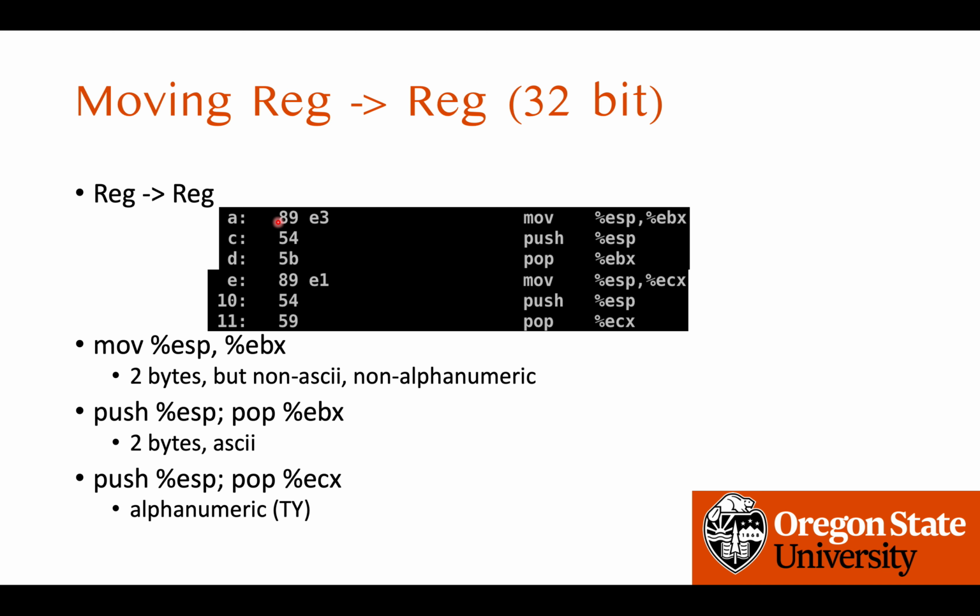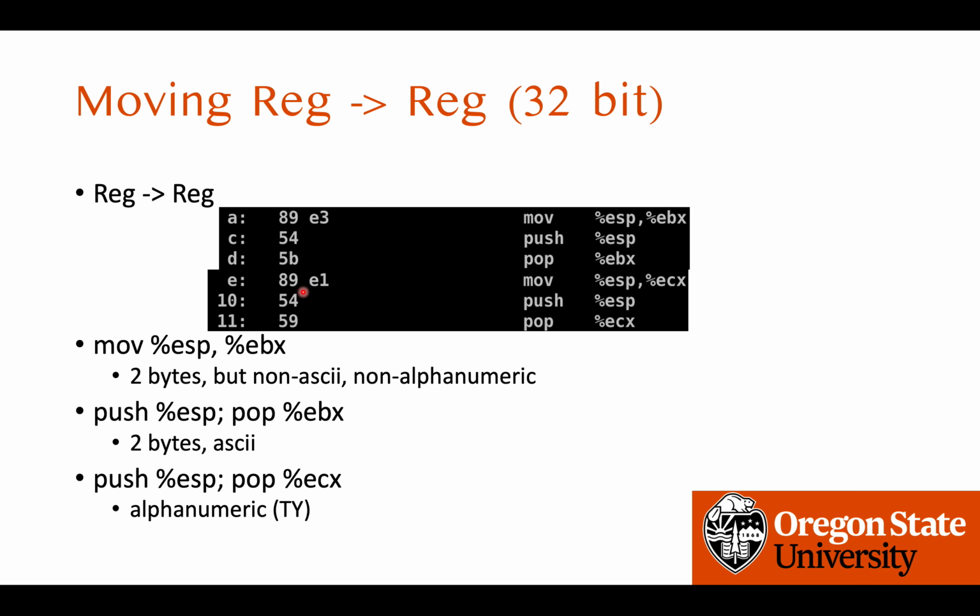But these values are non-ASCII. 89 is non-ASCII and E3 is non-ASCII, which means they are non-alphanumeric. So in that case, we cannot use this move instruction in ASCII and alphanumeric shellcode.